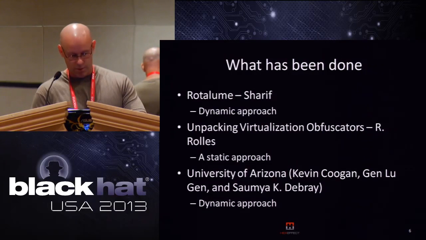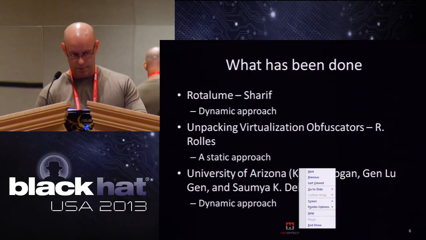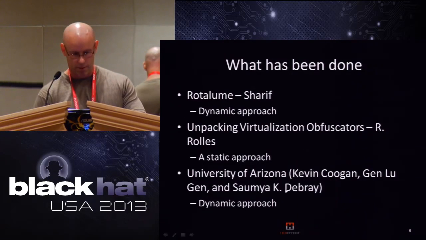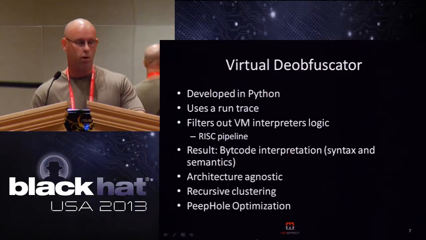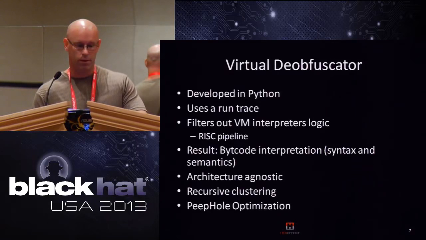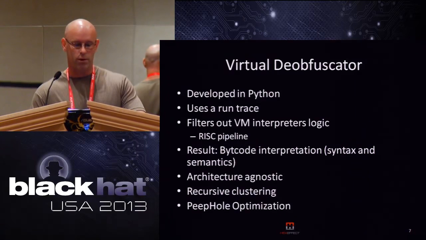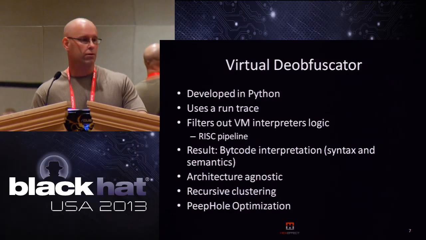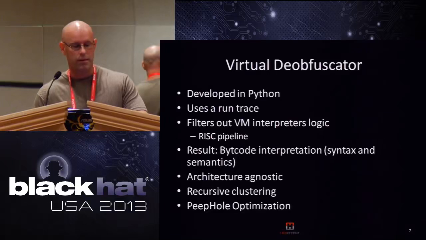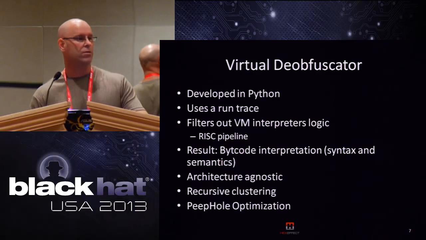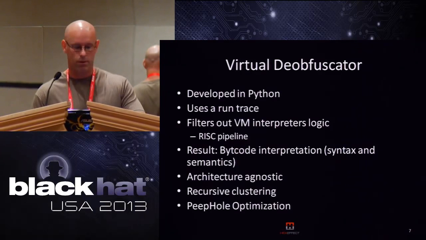But what I was trying to come up with was a solution that would have more automation and be complete. So I came up with this virtual Deobfuscator. What it does is it uses a run trace from a debugger, obviously, and filters out the virtual machine interpretation, okay? What you're left with is the semantics and syntax of the original bytecode as it's been translated and executed.